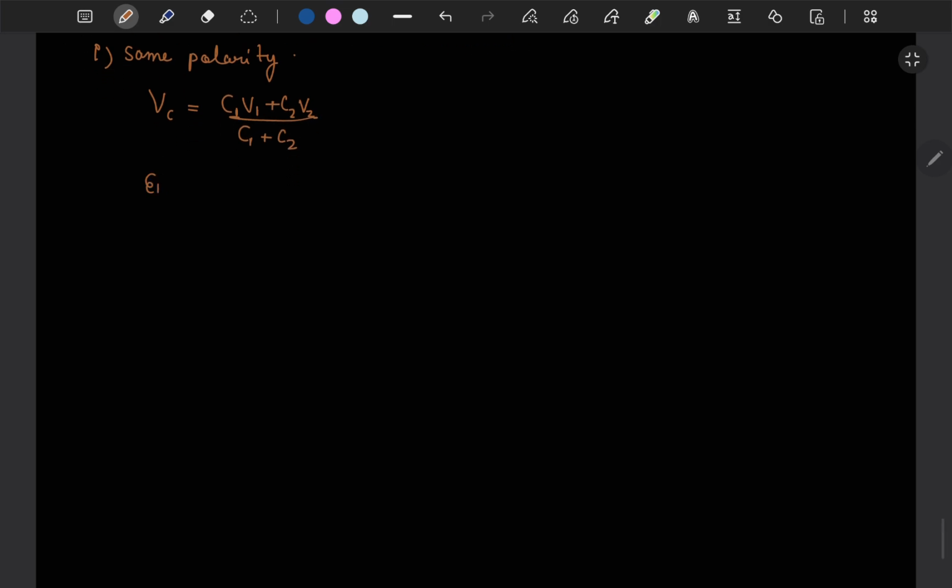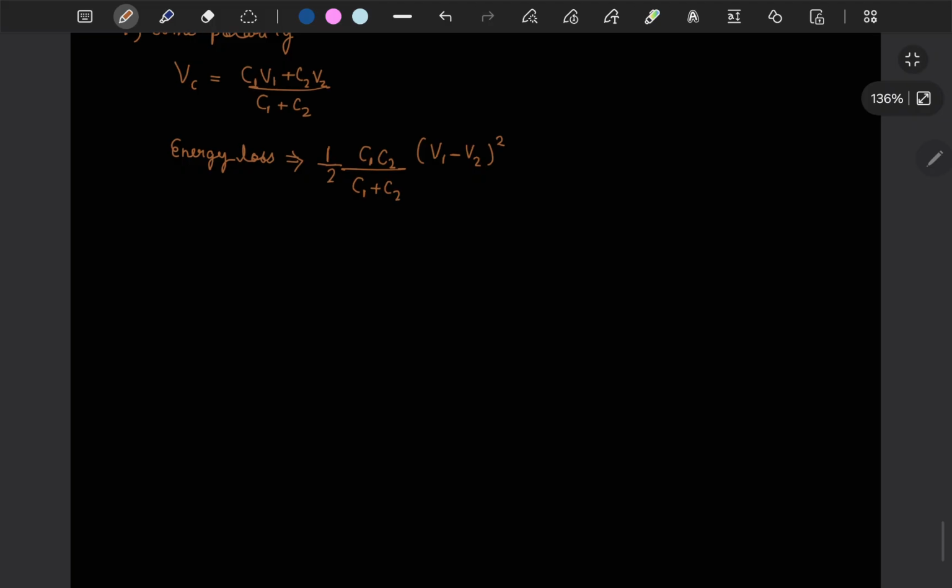Similarly, energy loss, if we have to calculate, is basically half CV square, V final square minus V initial square, but here the capacitance is also changing, so it is half C1 C2 upon C1 plus C2 into V1 minus V2 whole square, because the capacitance was changing, so we have expanded it.